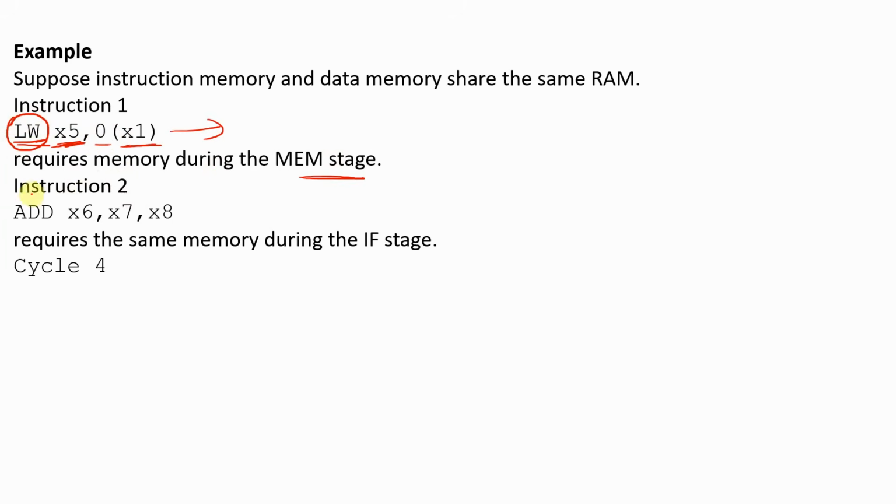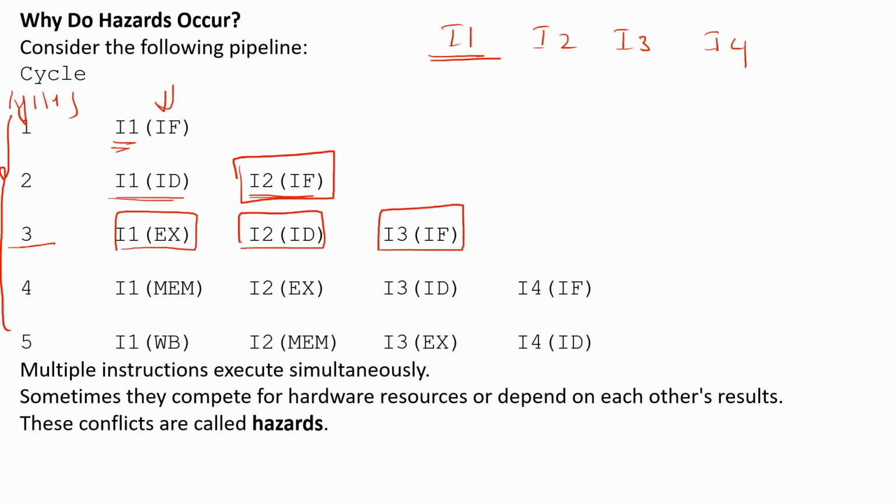Now, at the same time, we have instruction two, and don't think that we complete instruction one first and then go to instruction two. No, both the instructions may work together, because you can see here instruction one and instruction two are getting executed at the same time, as in pipelining.